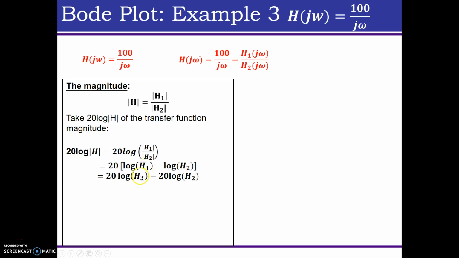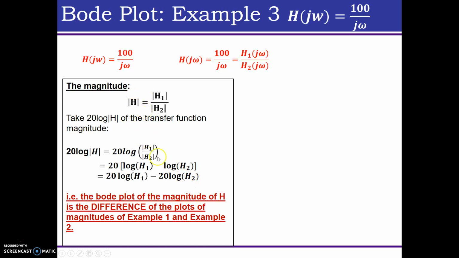Now 20 log of h1 is essentially the Bode magnitude plot of example 1. 20 log h2 is the Bode magnitude plot of example 2 we had seen. That means the Bode plot for 20 log of h is basically the difference between the h1 plot and the Bode plot for h2.